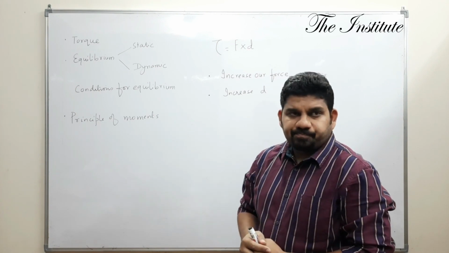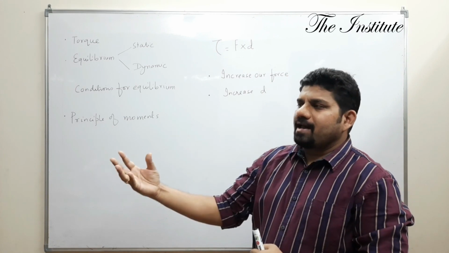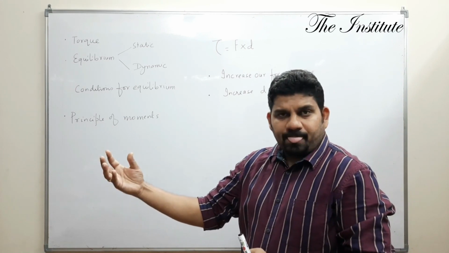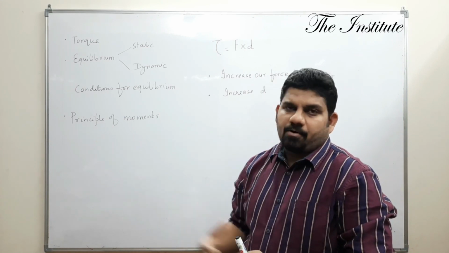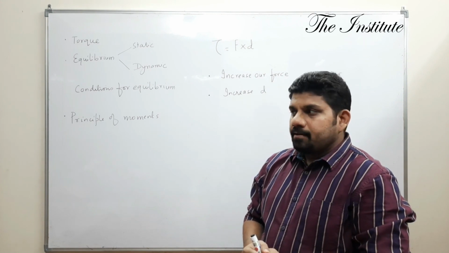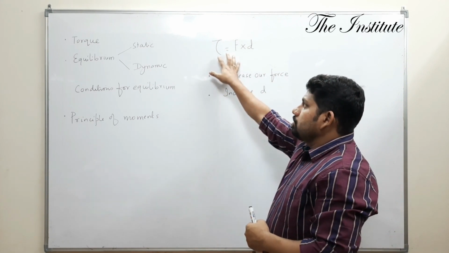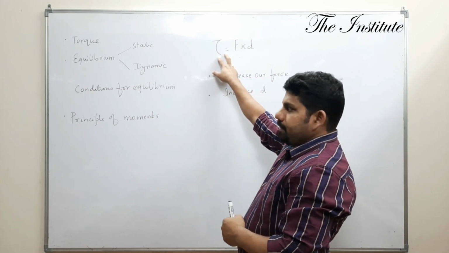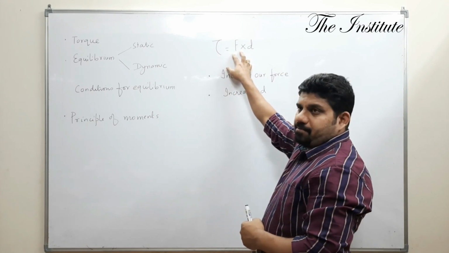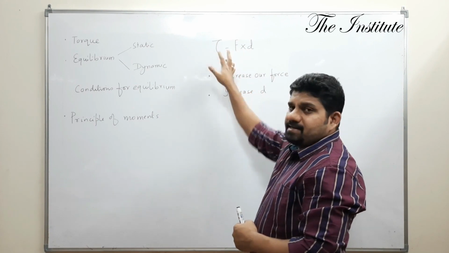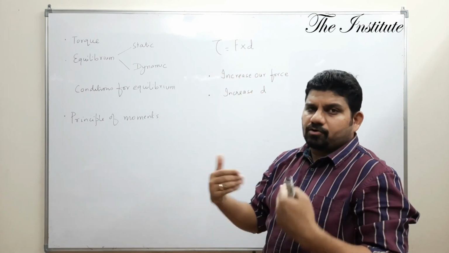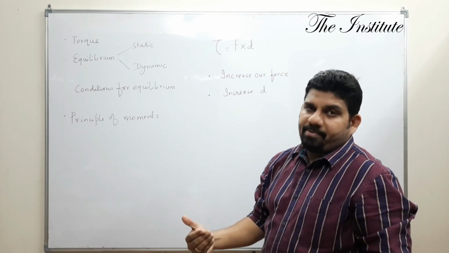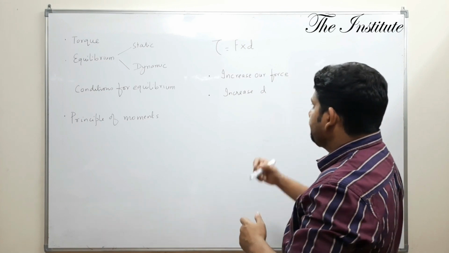Given an option, we all would like to open this door with a lesser amount of force, right? So the concept tells me that it doesn't really matter how much force we are applying, the door needs a particular amount of torque to get opened. I'll elaborate on that.